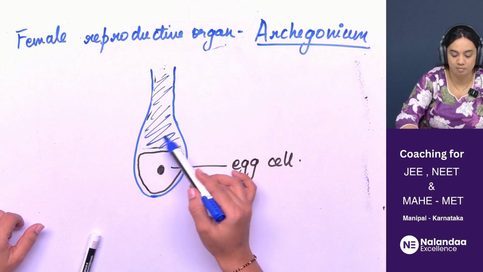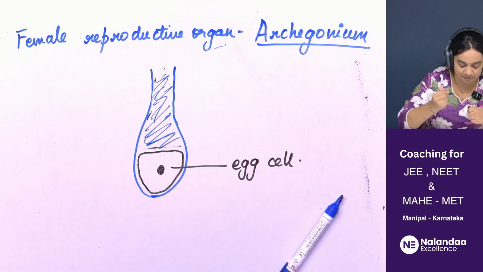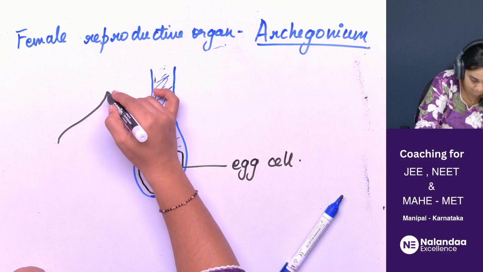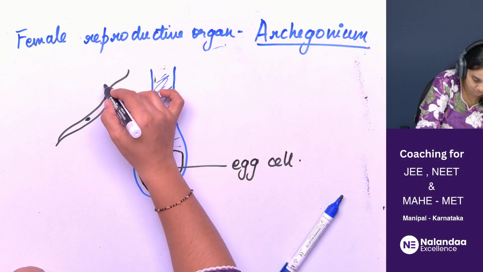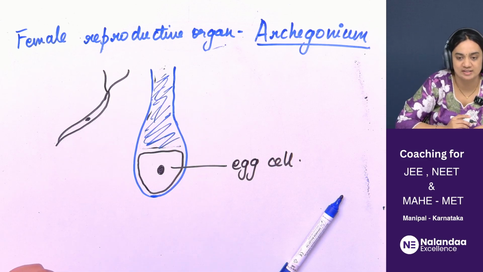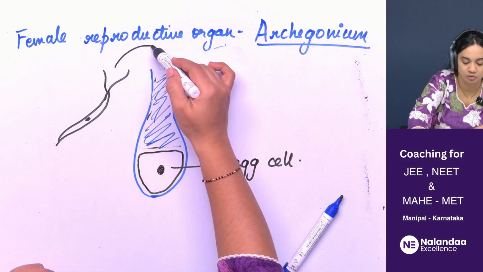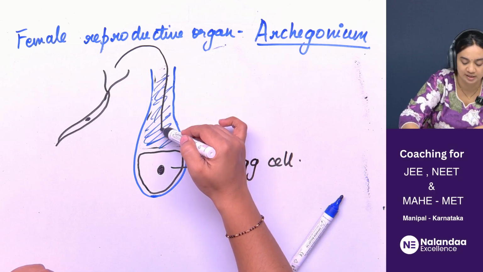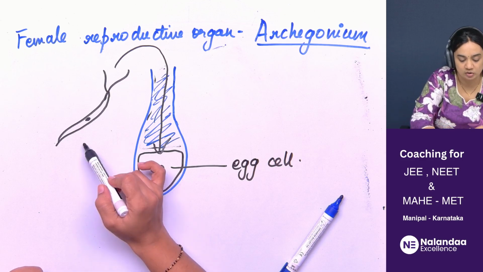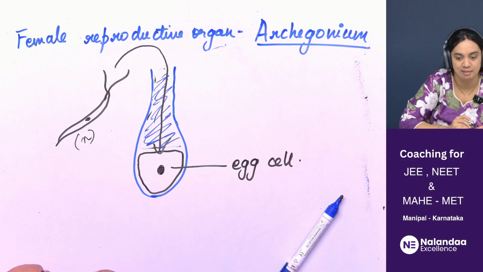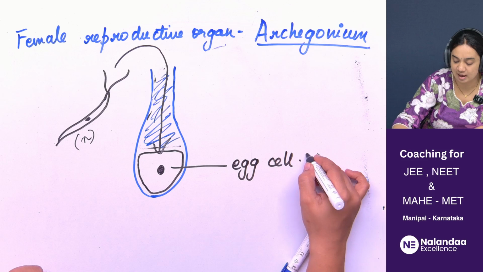They form a jelly like mass where, let's say this is the biflagellate antherozoid. This will swim through water and reach the egg cell and fertilize it. This is a haploid gamete, and the egg cell is again a haploid gamete.